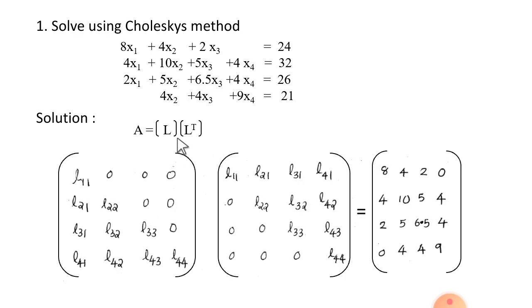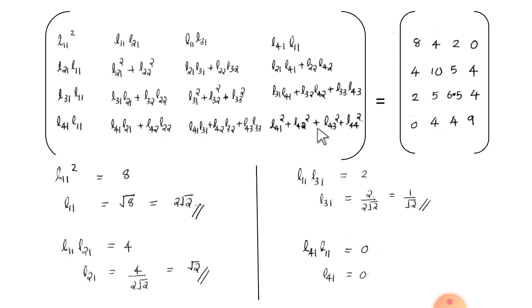After this you have to find the product of L into L transpose. So you have to multiply this 4 by 4 matrix with this 4 by 4 matrix. Then after multiplying you will get a single 4 by 4 matrix like this. Now you have to compare both these matrices and find the values of L11, L21, L31, L41, etc. by equating this with this matrix.